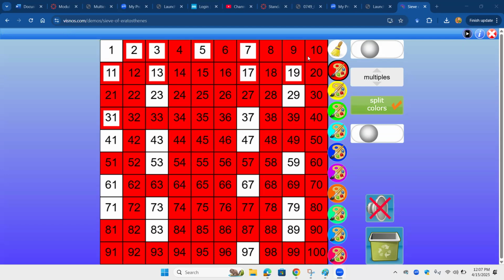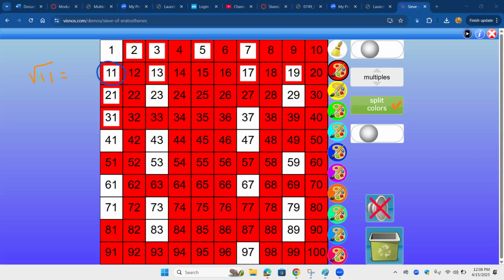If you take any of the numbers that are left, say 11, in order for it to be a composite number, I would have to find a number less than the square root of 11 that would divide it.